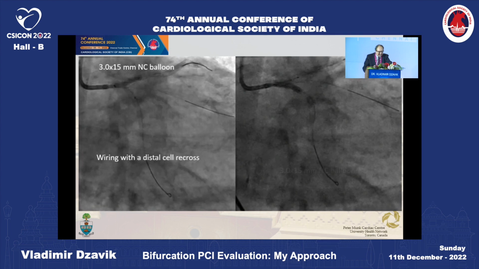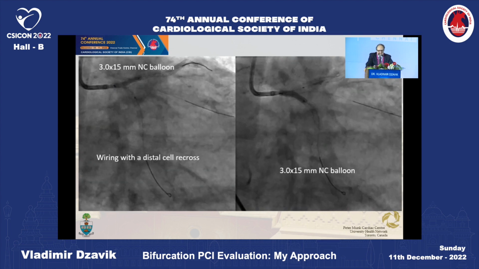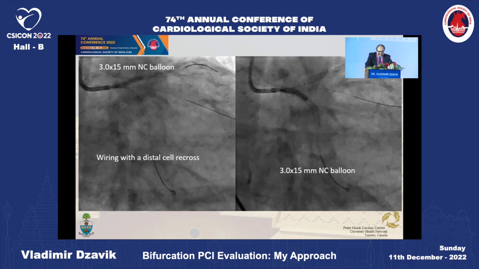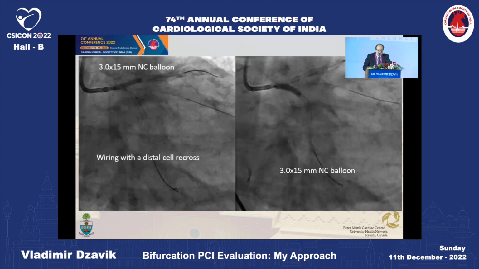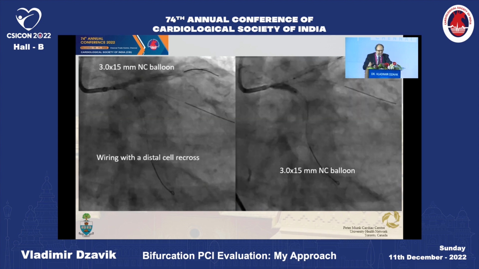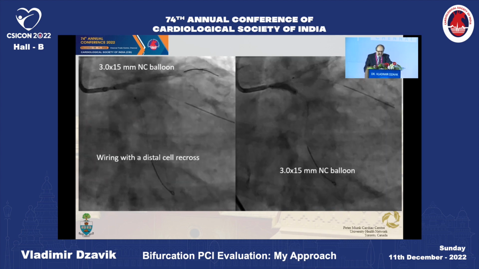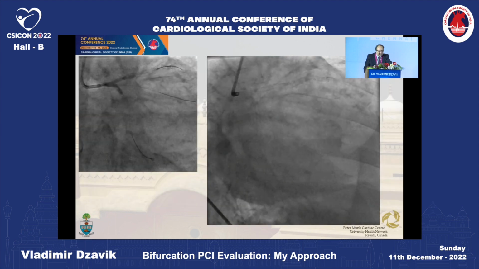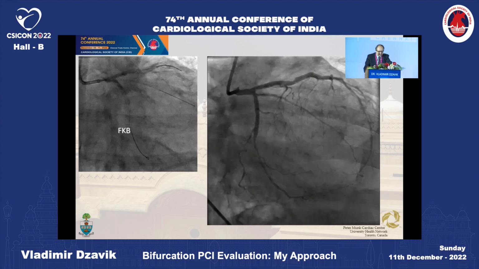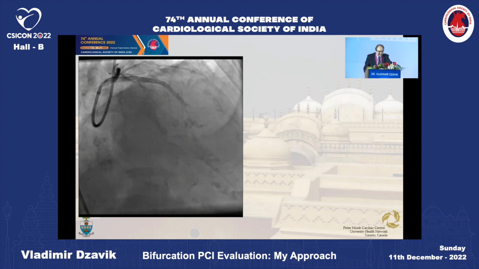We then recrossed a distal cell recross into the LAD, a 3.0 and 1.5 NC balloon in both vessels. Initially did a moderate pressure inflation because of course there's no stent at the ostium of the LAD. Then redilated the ostium of the circumflex, and finally a kissing balloon inflation, giving us a very nice result.